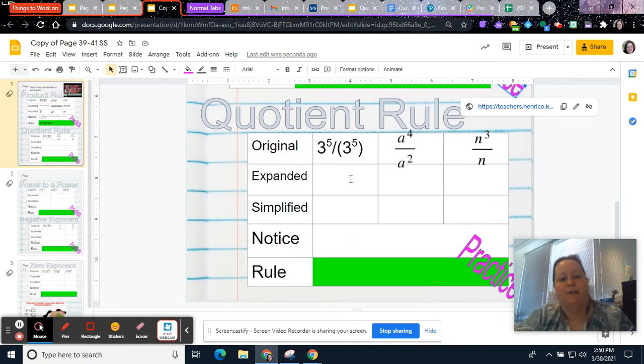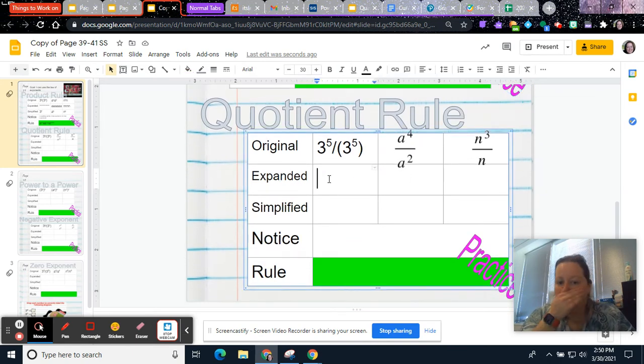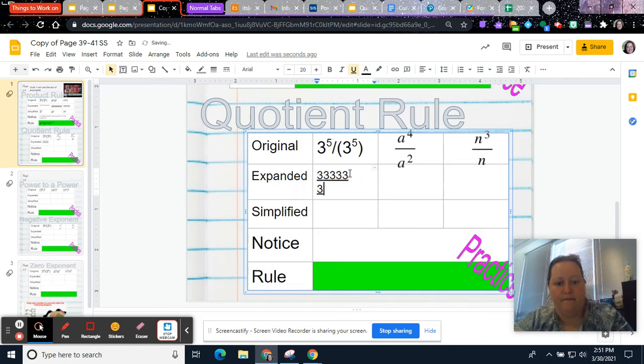Hi, welcome back. I hope you did well on that. Let's talk about what this is going to look like. If I have 3 to the 5th divided by 3 to the 5th, then it's kind of like I have 5 3's on top that I've multiplied together, and then I have 5 3's on the bottom.